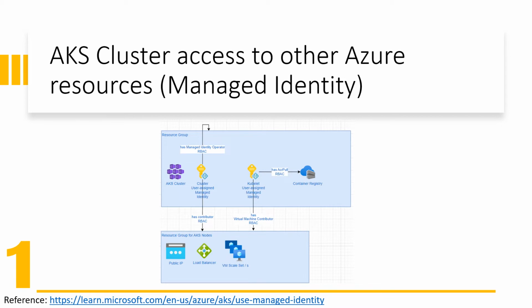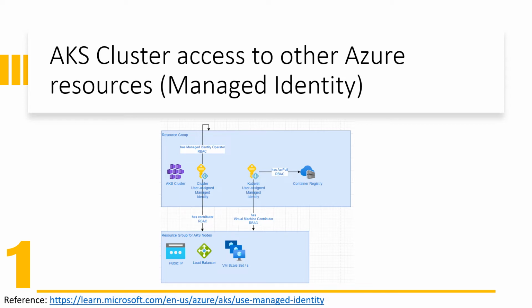In the first resource group, in my scenario, in the same resource group as my cluster, I will create two additional managed identities as well. One of them is for the AKS cluster, and the second one is for kubelet.